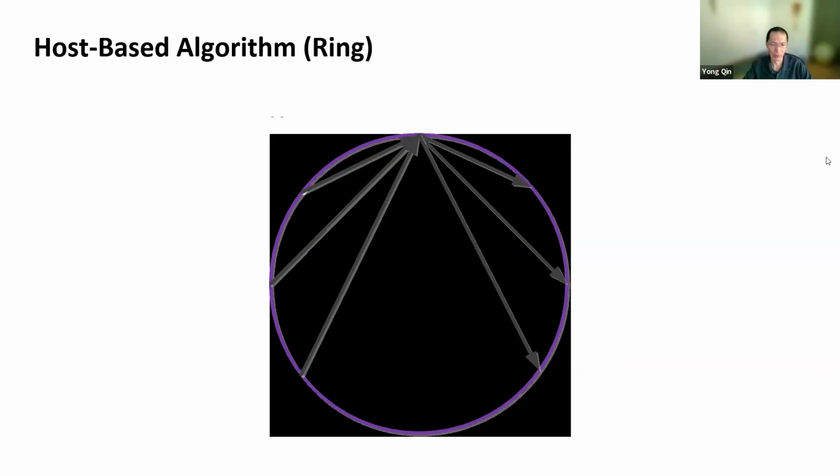Like for example, in this case, it's sending data to 3 of its neighbors on the right-hand side. If this rank is rank i, then it sends to i plus 1, i plus 2, i plus 3. At the same time, it also receives data from i minus 1, i minus 2, i minus 3. And then when we rotate the ring, the collective will progress by itself. This is a very simple example of a ring algorithm. So next slide, please.